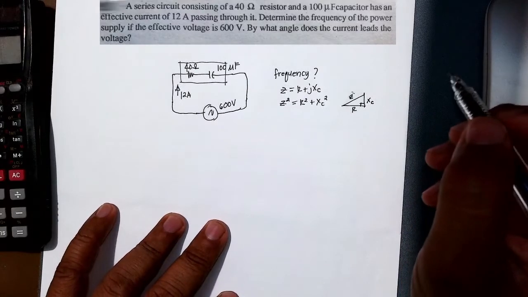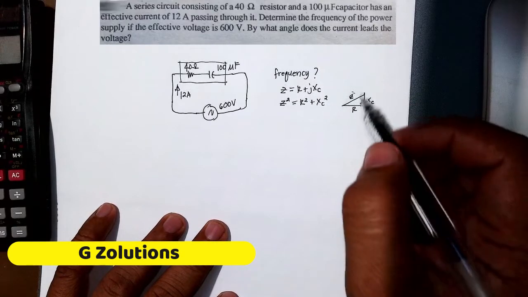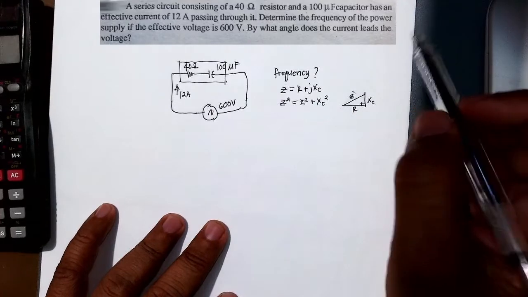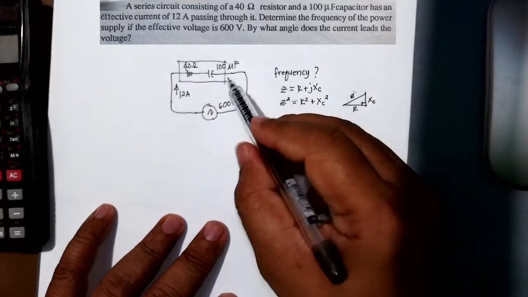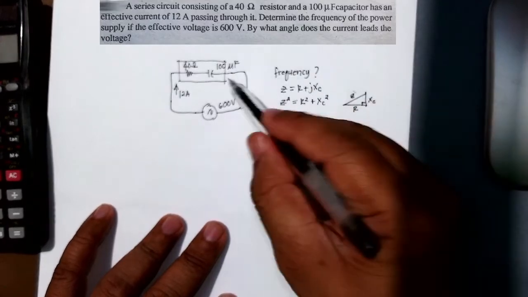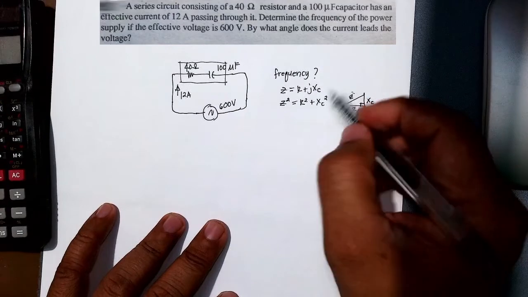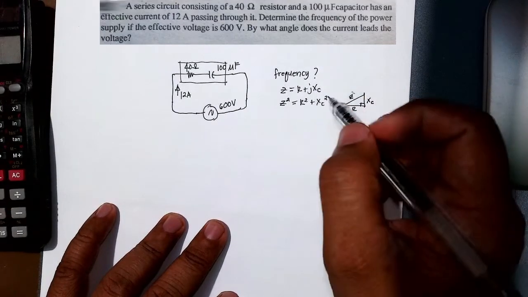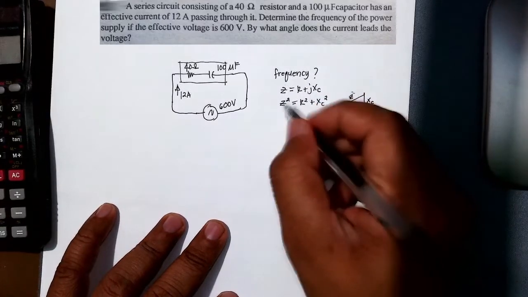Now the R is given here, which is 40 ohms, and also the capacitive reactance. And we can also solve for Z here.